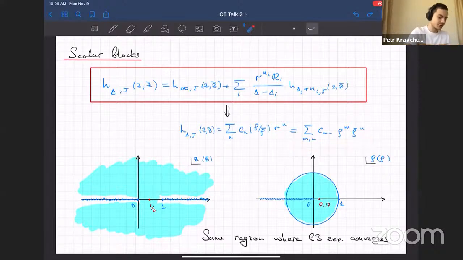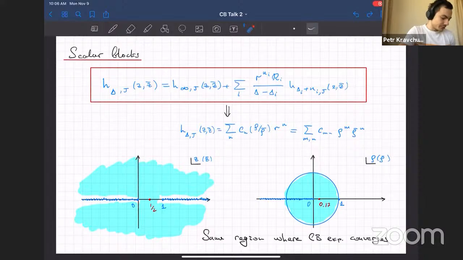I should also note that this blue region, the unit disk of rho and rho bar, is also the same region where the entire conformal block expansion of the 4-point function converges. So in this sense, this is the best you could hope for. Of course, you can analytically continue conformal blocks to a wider region, but the conformal block expansion converges on this unit disk, so knowing the conformal blocks there is already quite good.